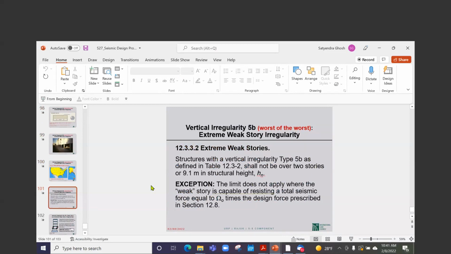That doesn't answer your question. The answer to your question is, if your architect must have a taller building that has irregularity type 5, then you have to take advantage of this exception. You have to make the weak story strong enough to resist omega sub 0 times the design force. Okay, the way out is provided to you in that exception.